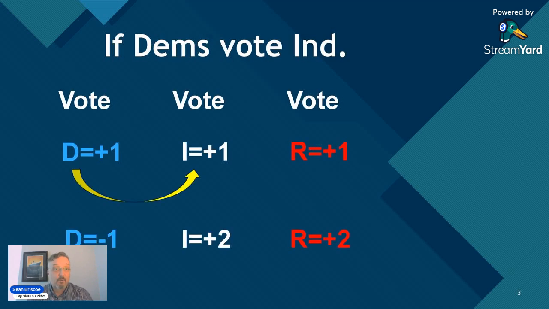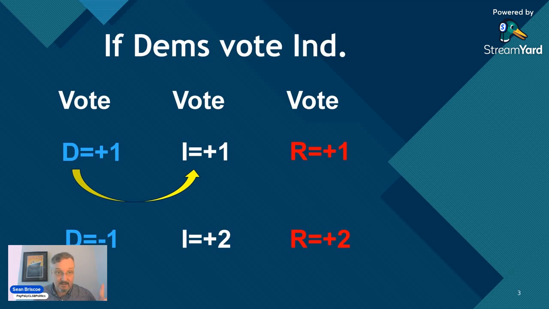So what happens if a Democrat votes independent? Because that's what everyone's talking about on my channel. Well, nothing good. The Democrats lose a vote, so we have to go find a vote. That's -1. The Republicans don't have to find a vote, and they know we were counting on that vote, so they get a +2.